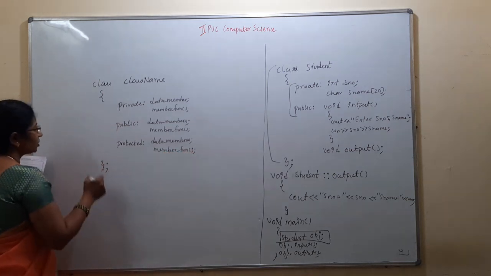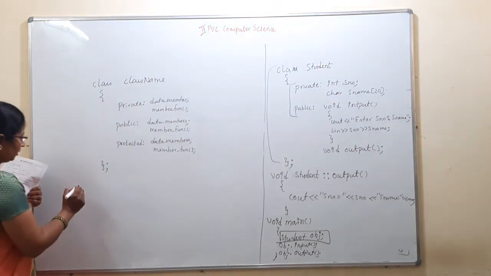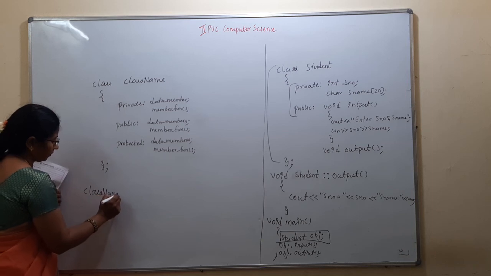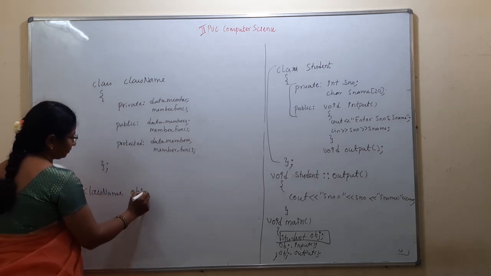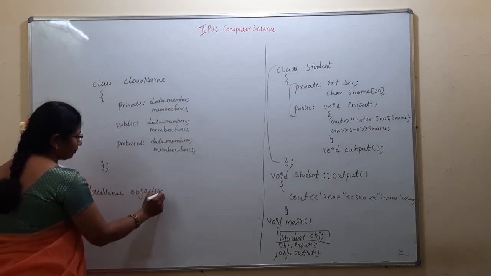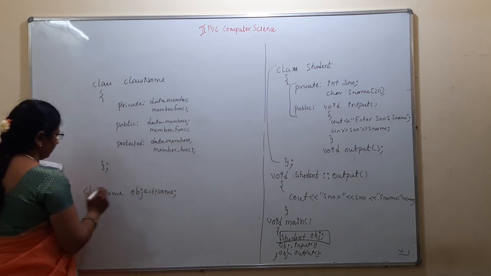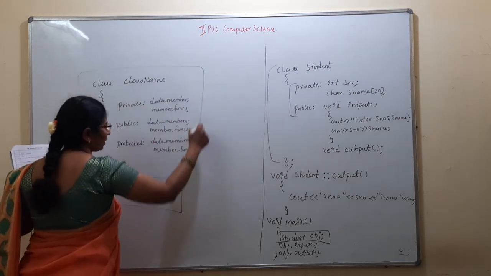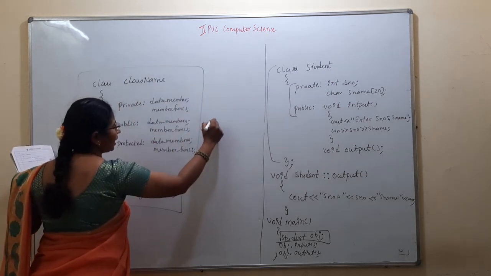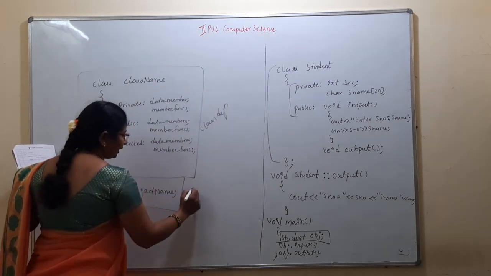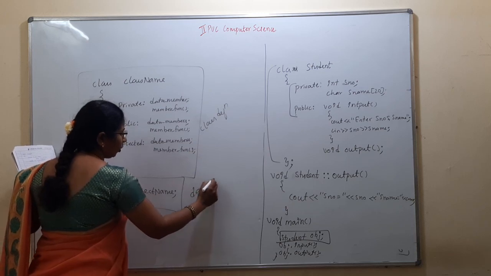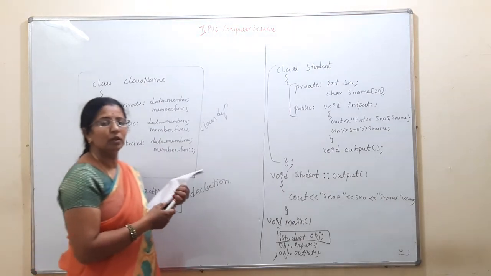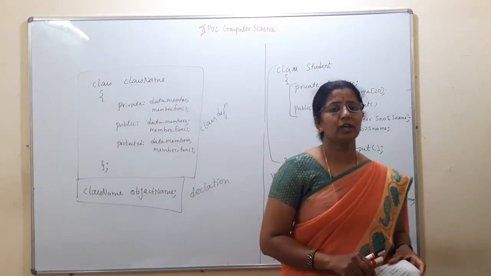This is your general syntax of class. Class name, object name. This is the class declaration and this is your class definition. Declaration is nothing but the object. Please remember, I told you in the revision video also: define class definition and declaration.